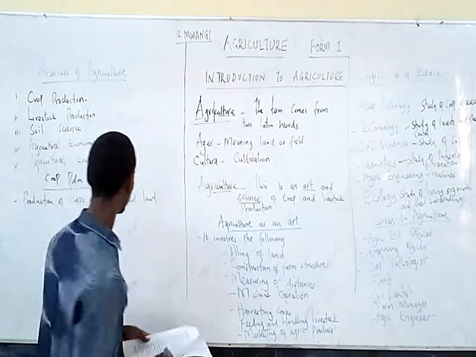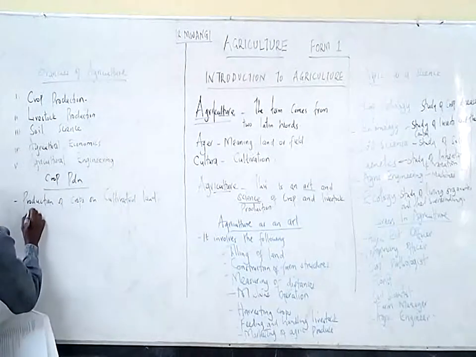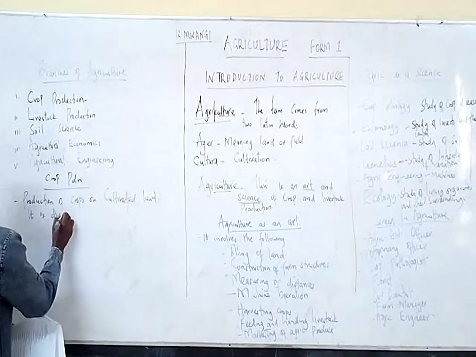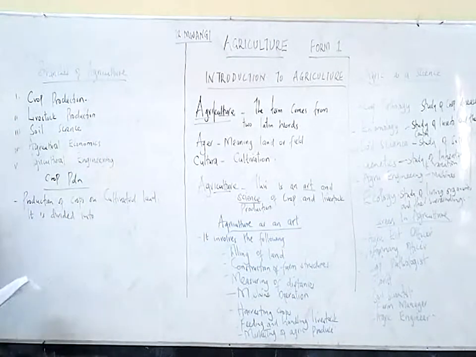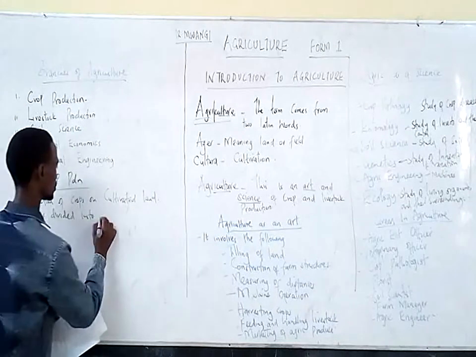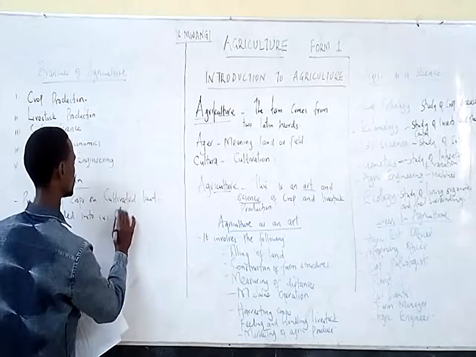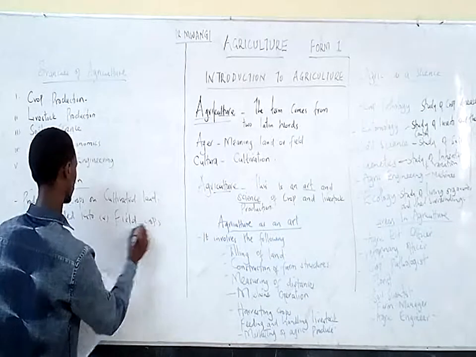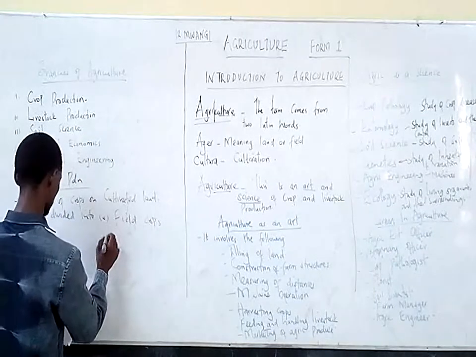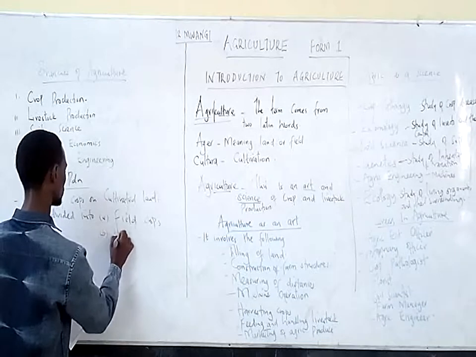Crop production is divided into two: field crops and then horticultural crops.